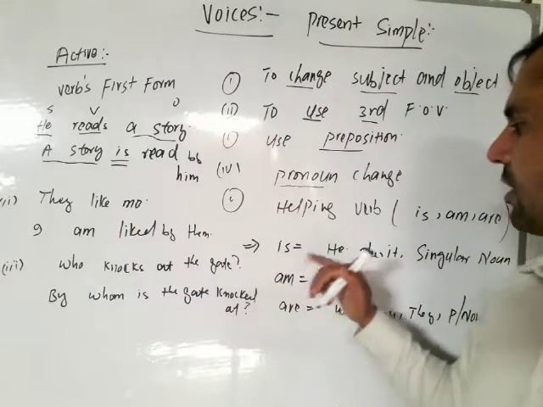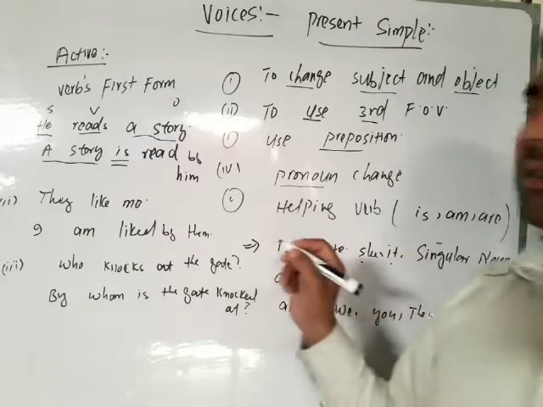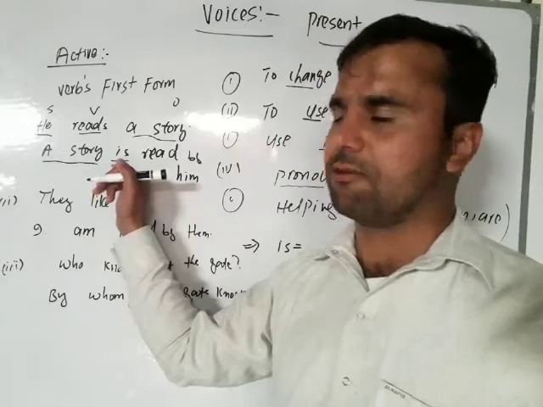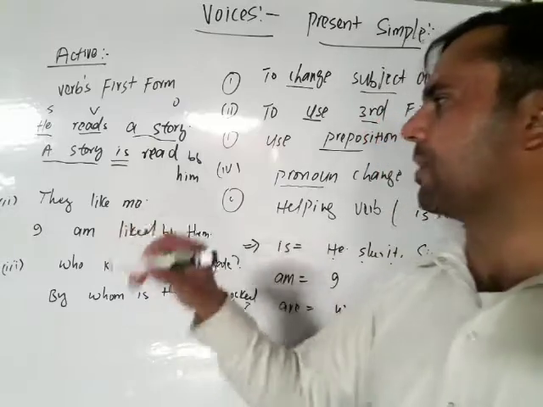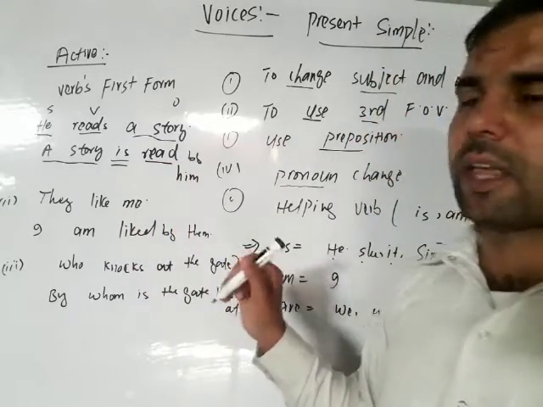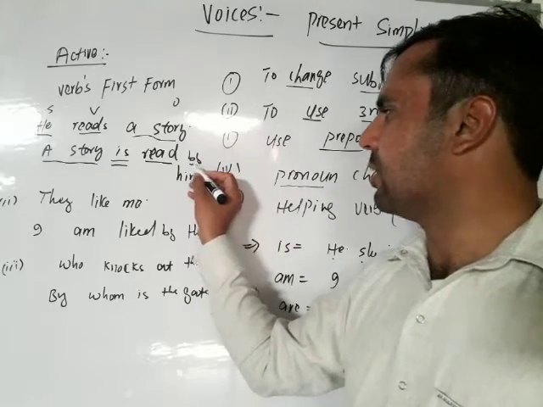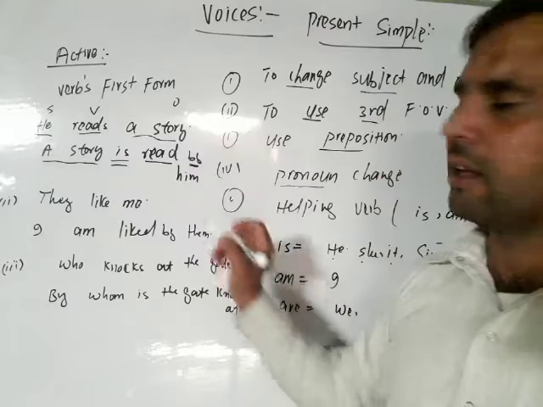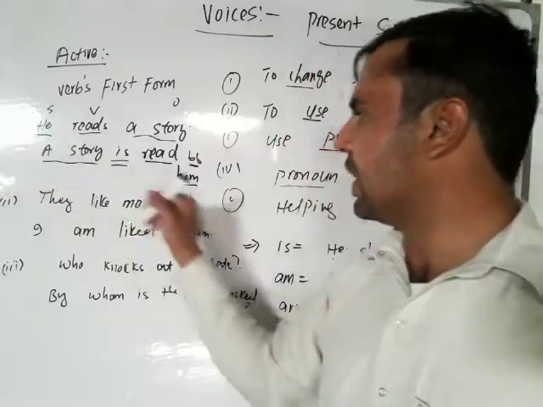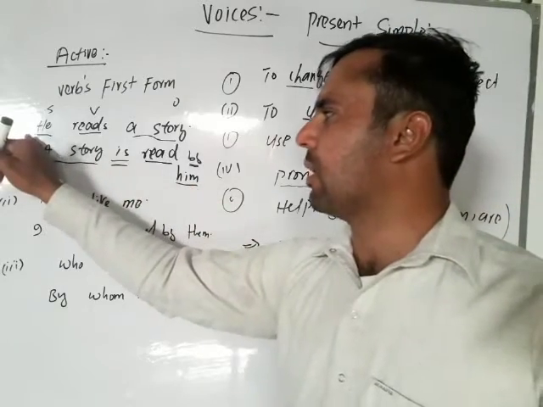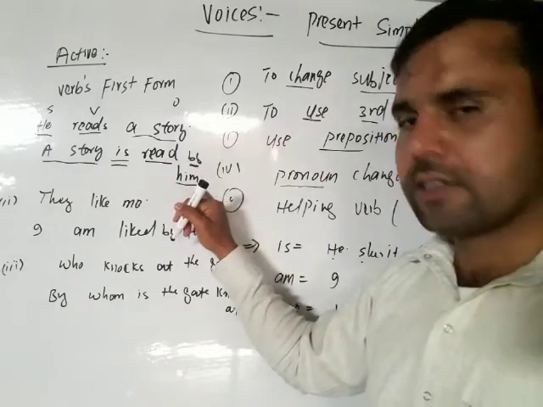Because we have discussed that when we have he, she, it or a singular noun, we will use the helping verb is with it. Now a story is singular, so we will use is as a helping verb. Is read. Read is the third form of the verb read. And then we use the preposition by, and we change the pronoun he into him, and as the pronoun he is the subject, we have taken it to the end of the sentence.